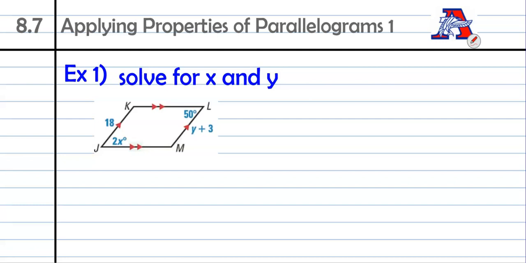Okay, so if we first look at where x is located, in this lower left-hand angle, what do we know about angles? Well, we know that the ones across from each other are equal to one another. So that one's not so bad. 2x is equal to 50. Divide by 2. So x has to be 25.